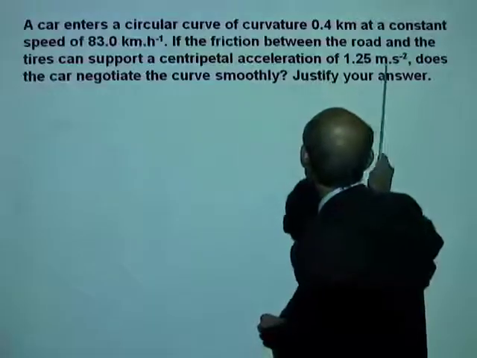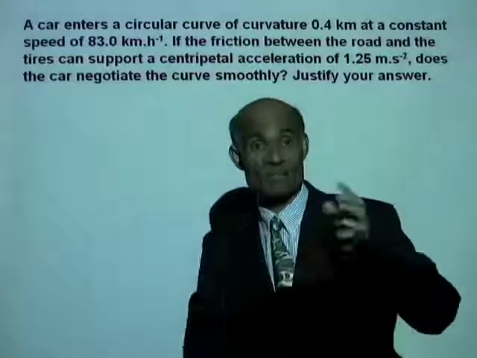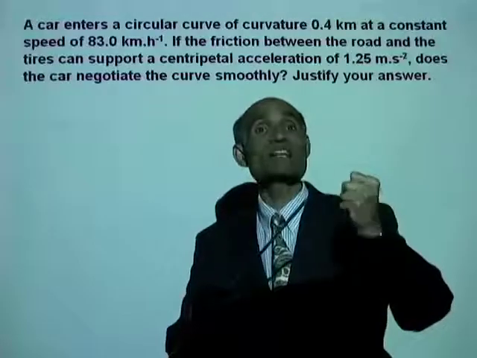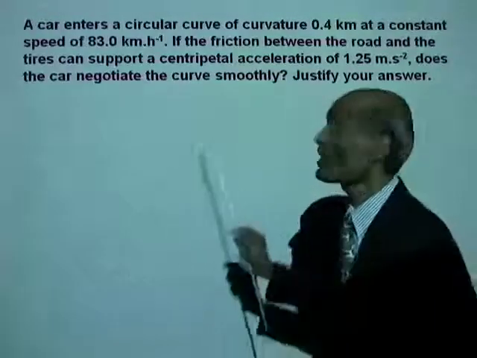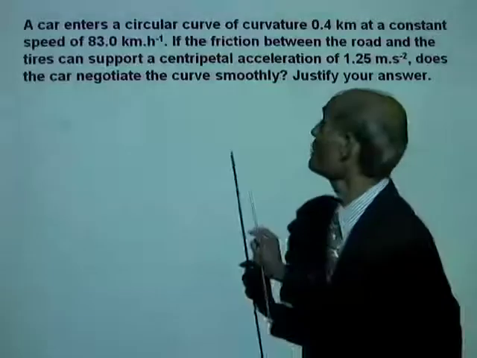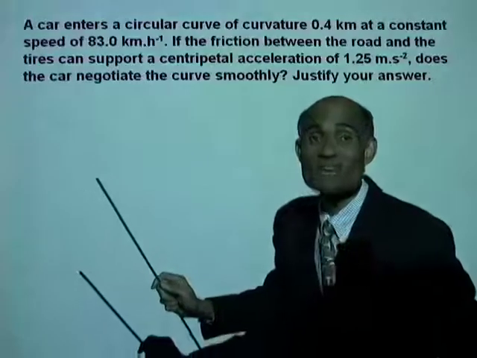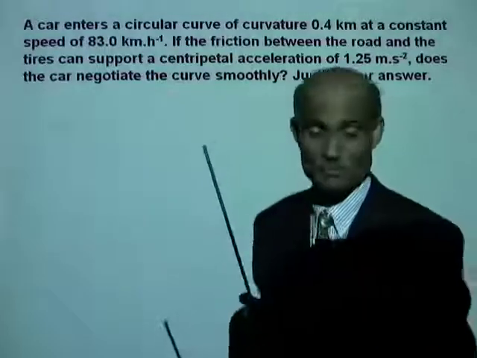Well, this is the maximum centripetal acceleration that the friction between the road and the tires can provide. You see, the frictional force cannot exceed this value. And therefore, we need to find out if this speed is a safe speed for that centripetal acceleration.